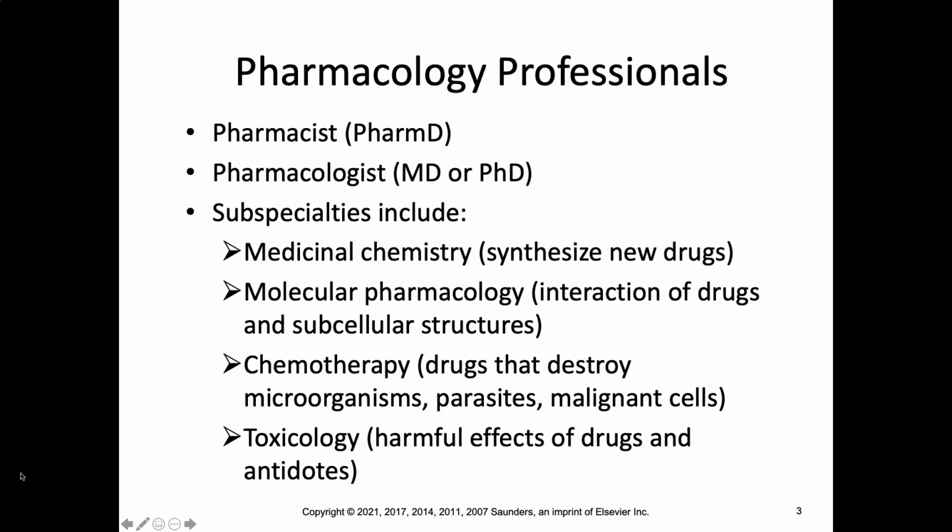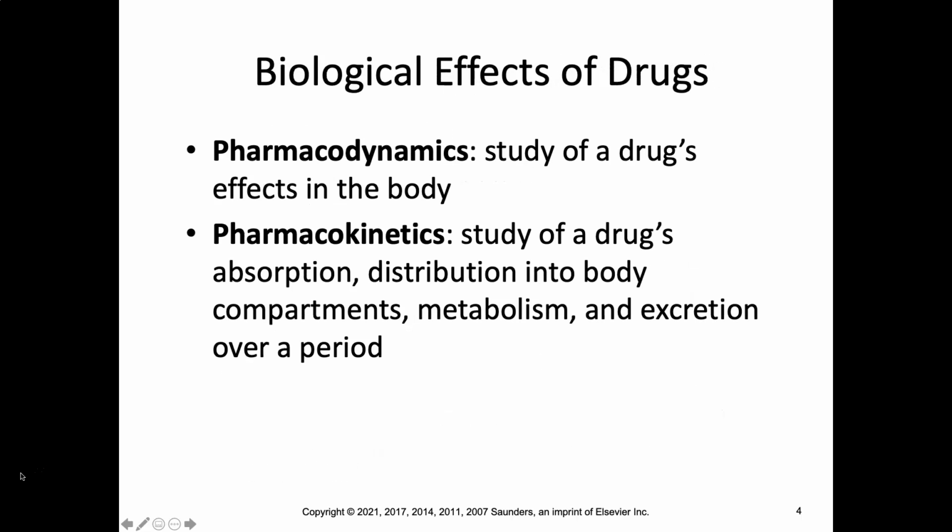They have a degree that's called PharmD, and pharmacologists, which are MDs or PhDs. The subspecialties you'll find in pharmacology are medicinal chemistry, molecular pharmacology, chemotherapy, and toxicology. You'll also hear about those who specialize in pharmacodynamics or pharmacokinetics.